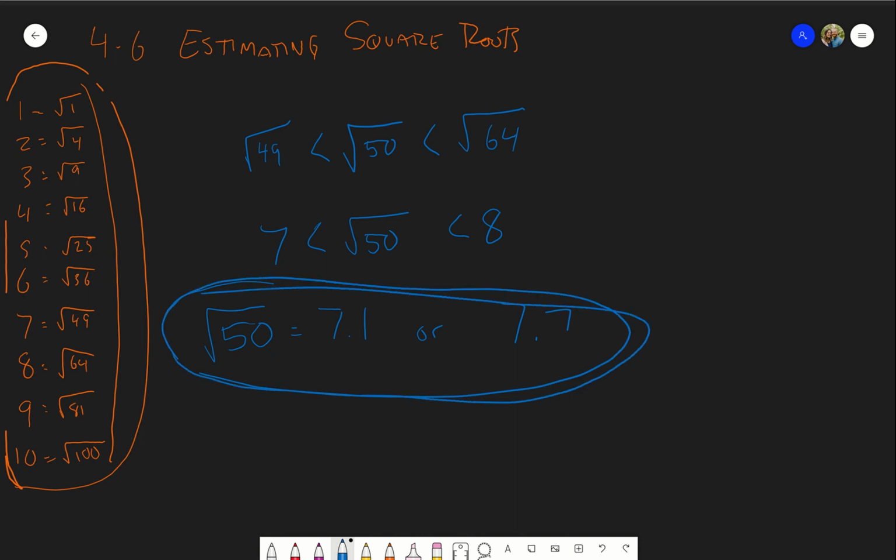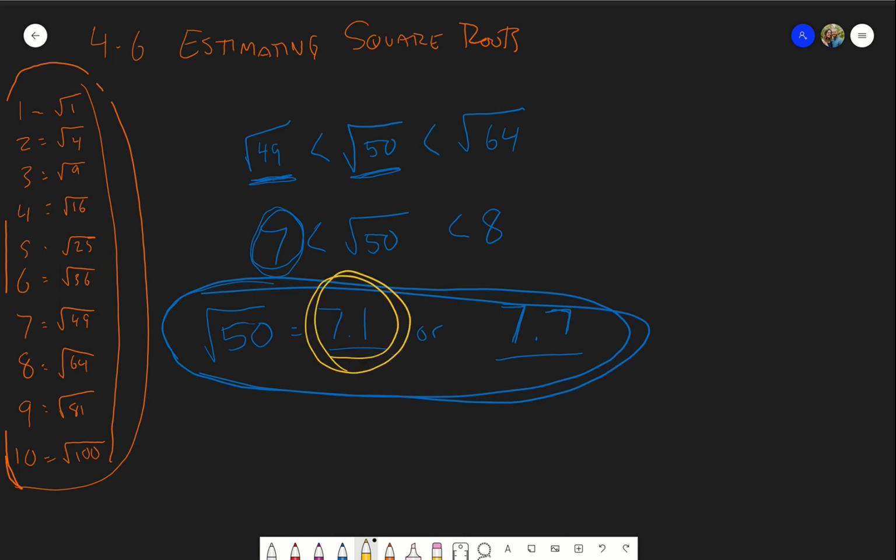Well, if we think about where 50 is, the square root of 50 is really close to the square root of 49. And since the square root of 49 is a solid 7, that means the square root of 50 is going to be really close to the value of 7. So which of these two is close to 7? 7.1 or 7.7? Yes, exactly, 7.1.